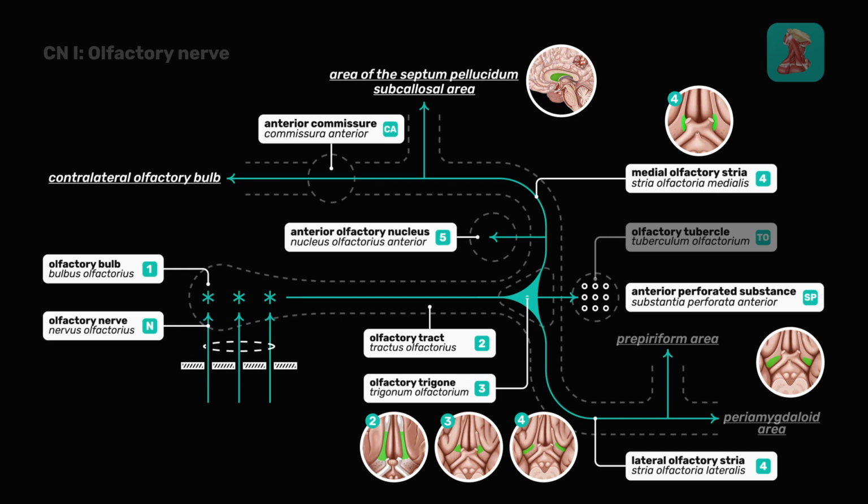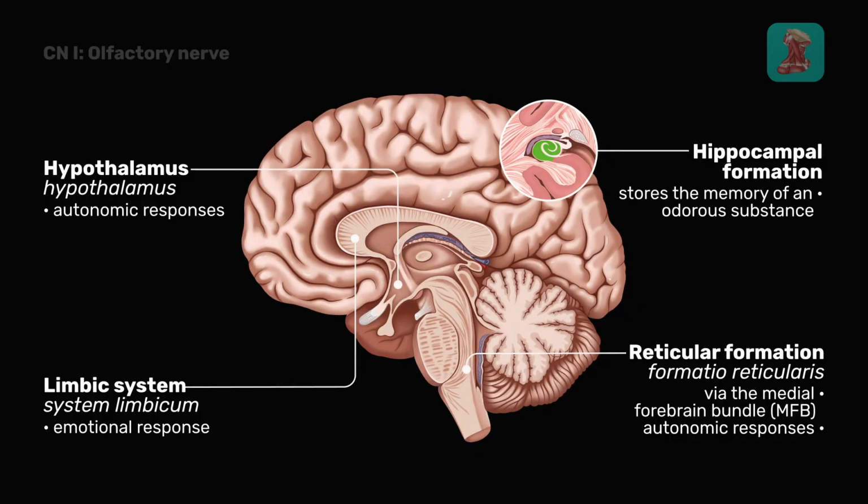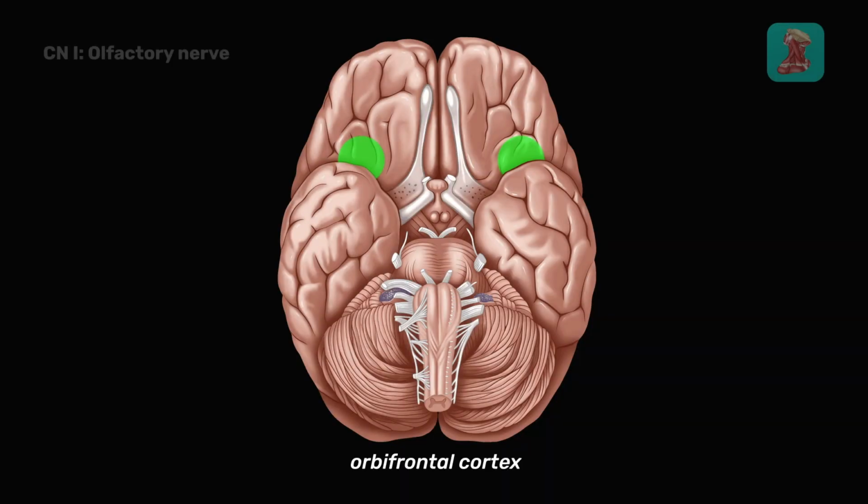From there, the signal travels through the olfactory bulb, tract, trigone, striae, and eventually gets into the primary olfactory cortex. It consists of two areas, a prepiriform and a periamygdaloid area. From the primary olfactory cortex, information about smell is sent to the various anatomical structures of the brain, including the secondary olfactory area located in the orbitofrontal cortex.